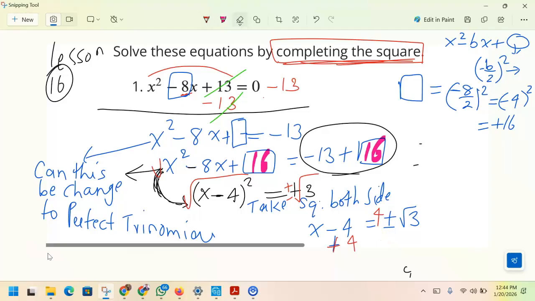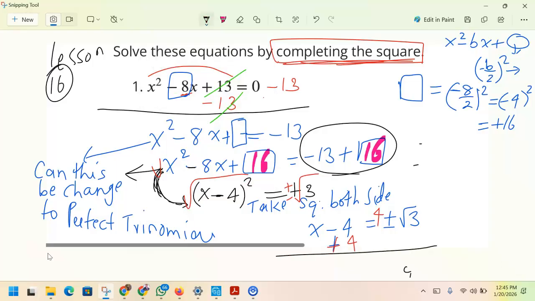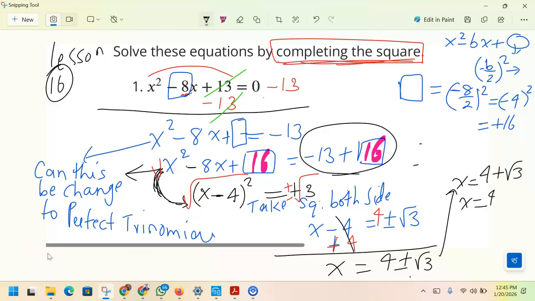I'm using again the Mexican style where I can just put it there instead of writing down, and this crosses out. You say x equals 4 plus or minus square root of 3. So there are two answers here. One is 4 plus root 3 and the other one is 4 minus root 3.